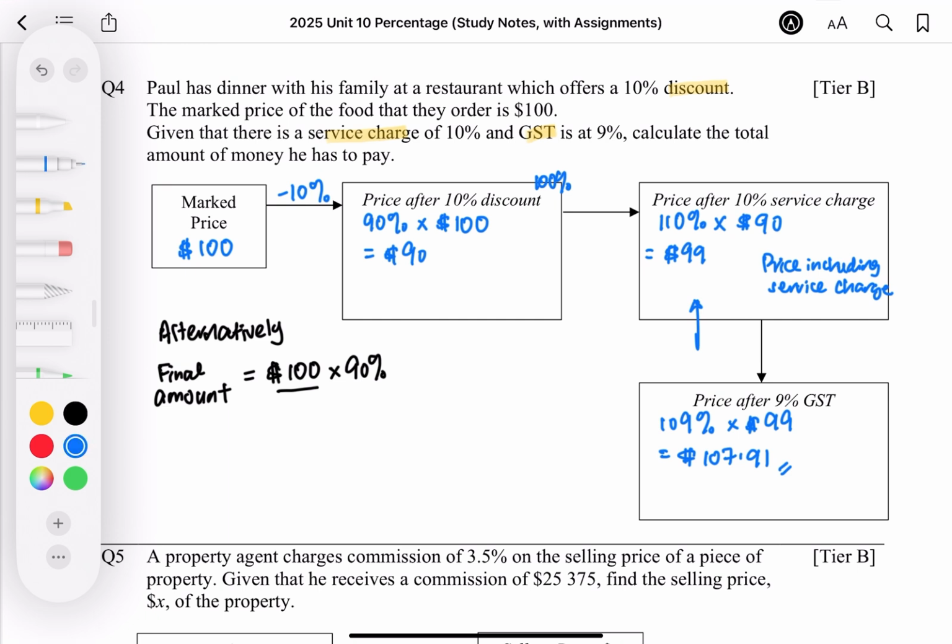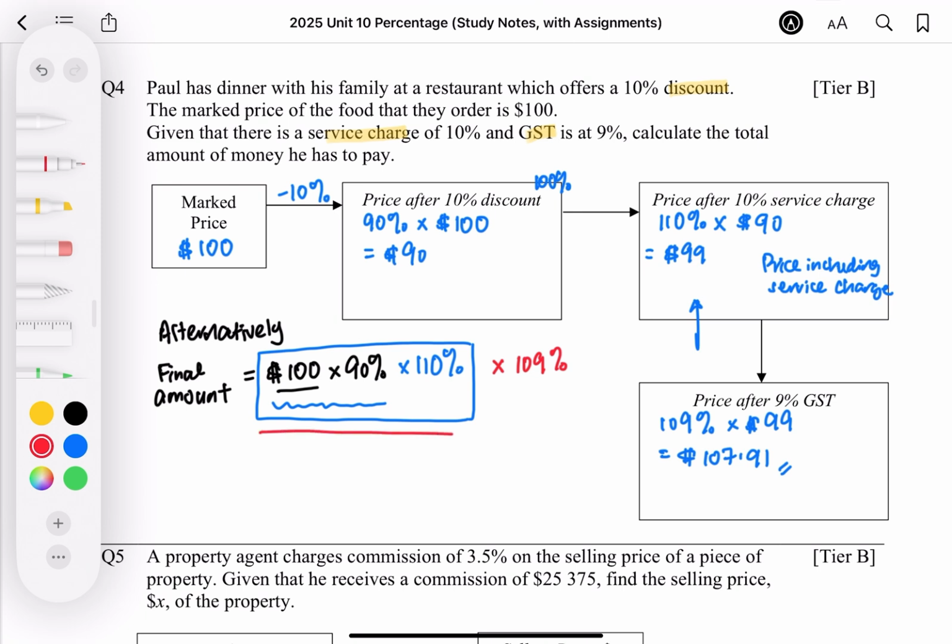Then after which, we know it is subjected to 10% service charge, so what we pay will be 110% of this. So this will be the amount after service charge. And then we have to subject it to another 9% GST, so this whole thing times 109%, which is the GST.